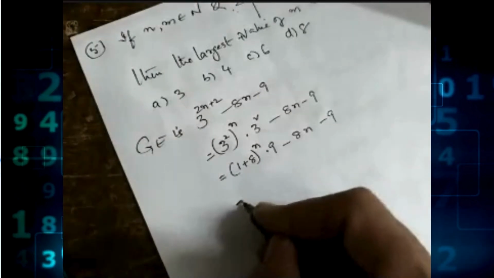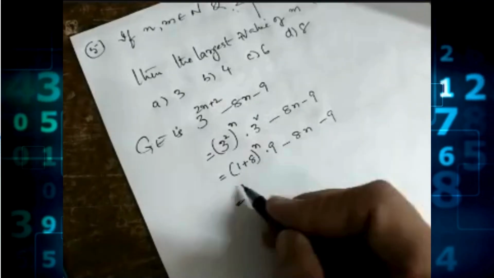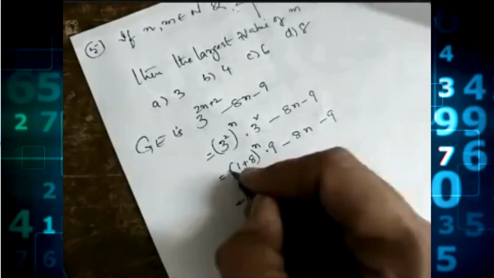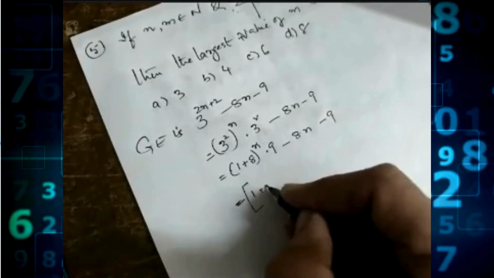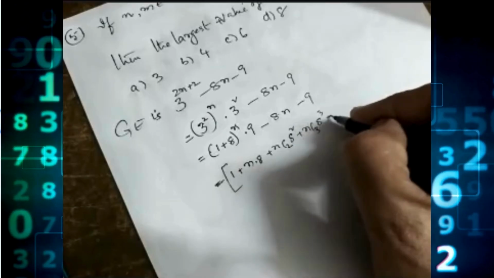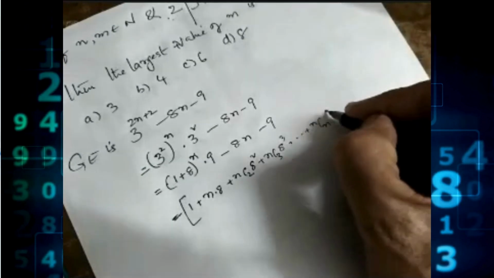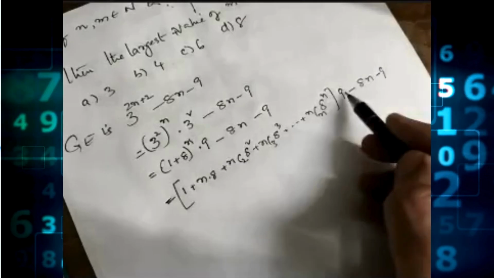Correct? Very good. This is equal to, expand (1 plus x) whole power n: 1 plus nC1 into x plus nC2 into x square plus nC3 into x cube and so on, up to nCn into x power n, into 9, minus 8n minus 9. 9 into 1 is 9, and 9 minus 9 goes away.